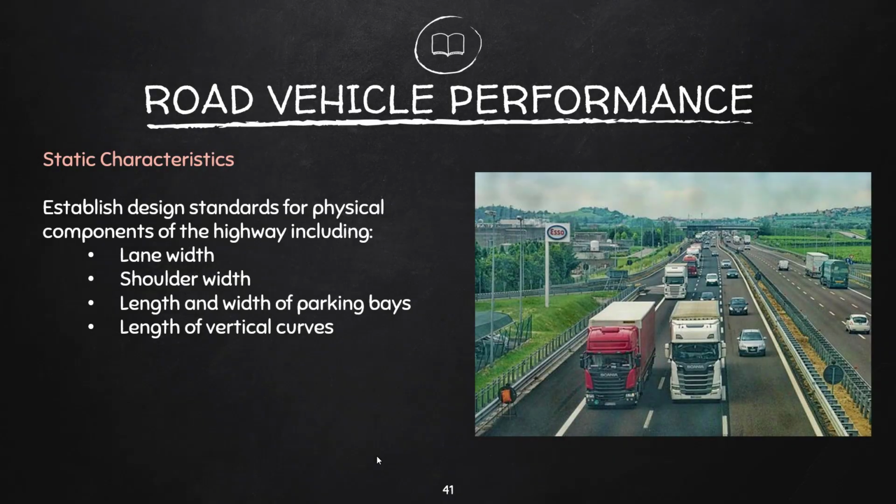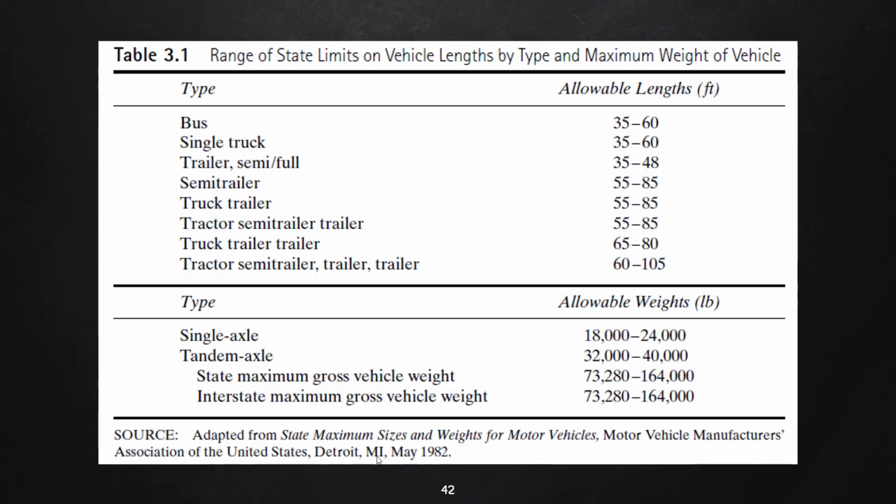So those are the ones that are designed for static characteristics. We have here the table for the range of state limits on vehicle lengths by type and maximum weight of vehicle. You have here the allowable lengths and allowable weights.